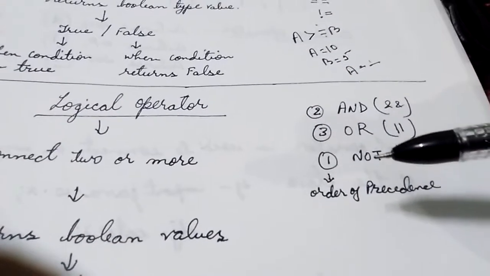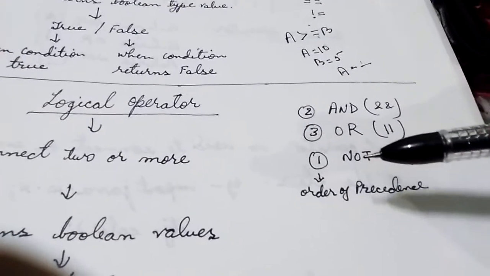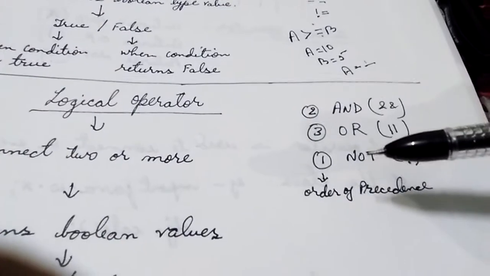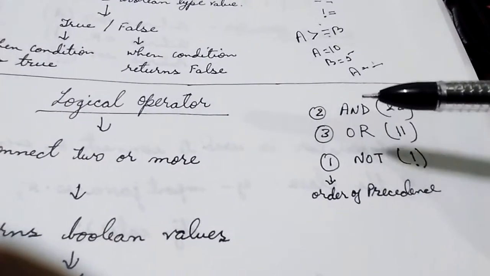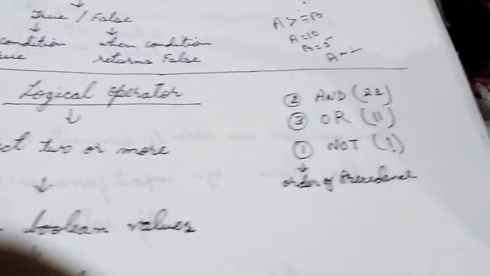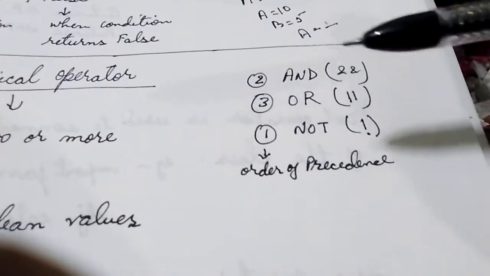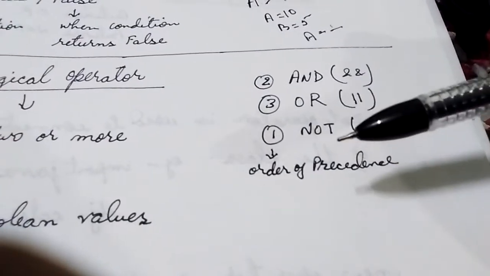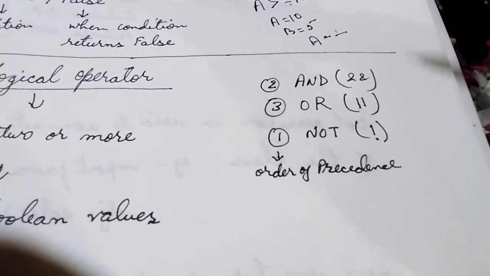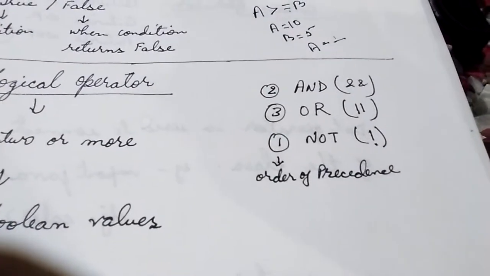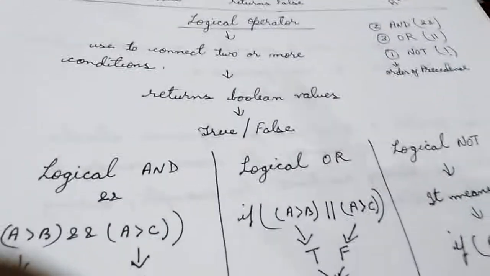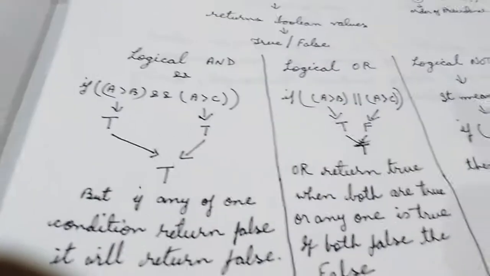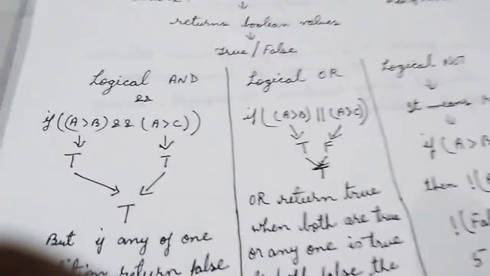So always remember, not has the highest precedence among these three, then and, then or. In order to understand and, or, and not, it is very important that you have an idea of relational operators. Now let us discuss logical and, or, and not.